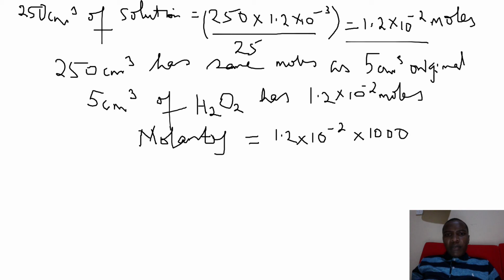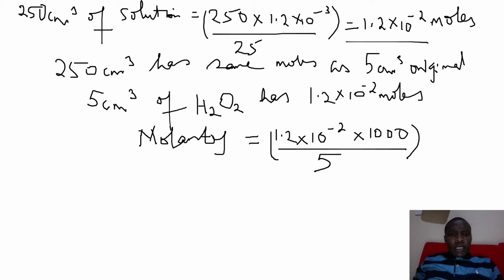Then we divide by the volume that we are dealing with now, which is our 5. So this will give us an answer of around 2.4 molar. So we have now known the concentration of hydrogen peroxide in this case, and we want to find out the volume strength.